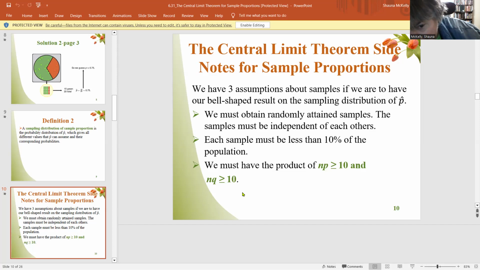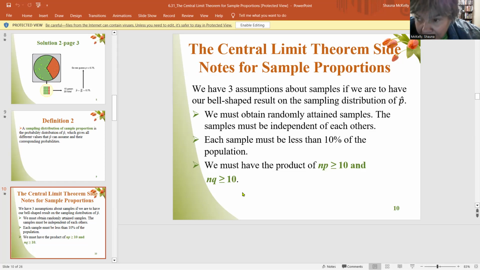The second assumption is that each sample must be less than 10% of the population. Here we're talking about the size of the sample. So what they're saying is that the size of your sample has to be less than 10% of the population.